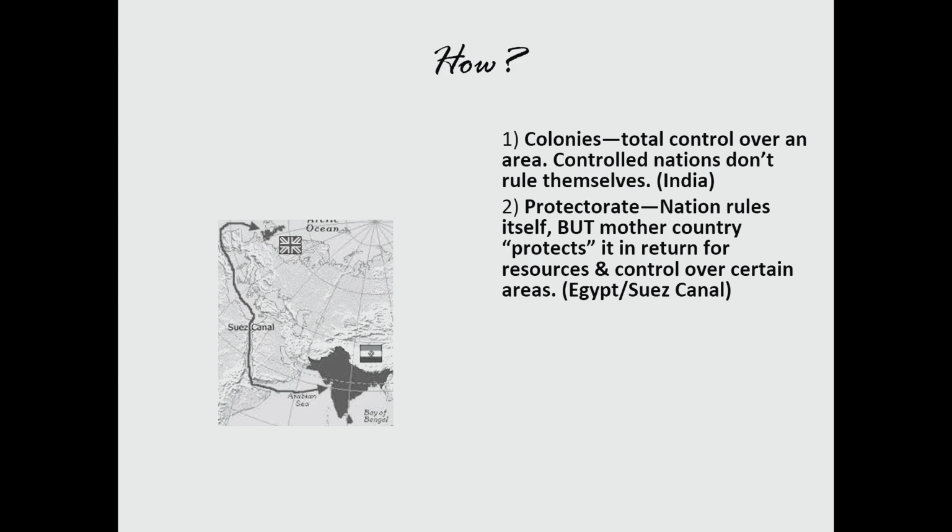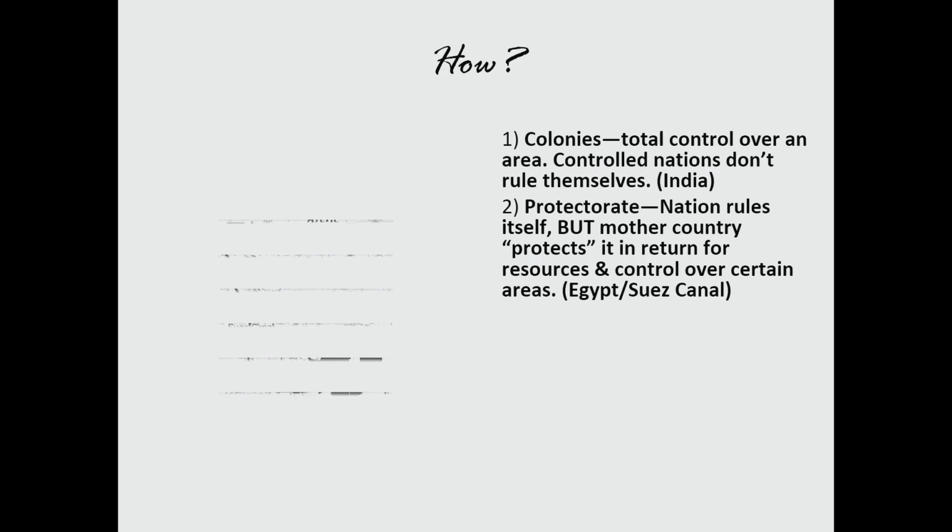So, in a protectorate, the home nation does have some control over what's going on, but in exchange for protection, they agree to give up some of their resources or even some of their areas to get that protection from the mother country. An example of that would be the Suez Canal that we spoke about. Egyptians agreed to give access to the Suez Canal to the British in exchange for their protection.